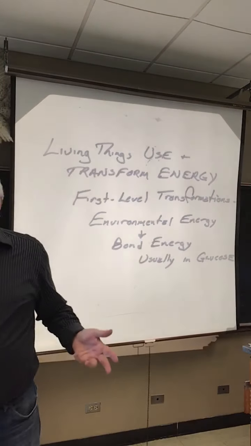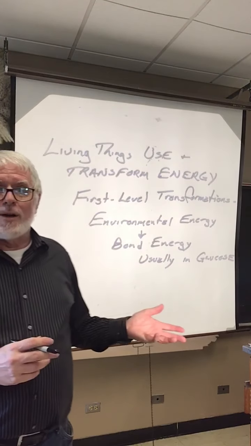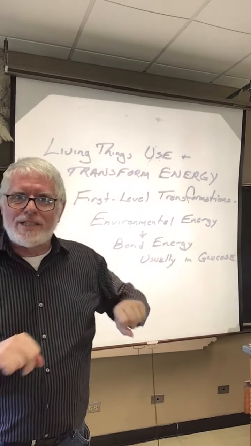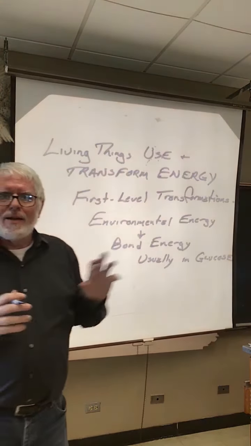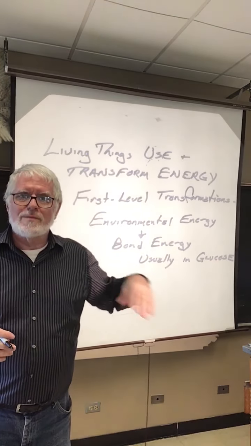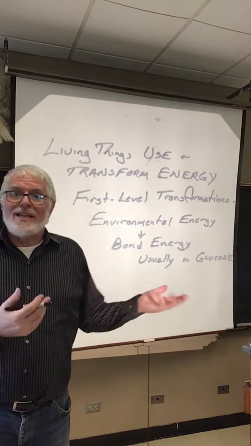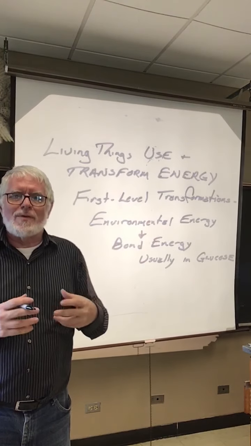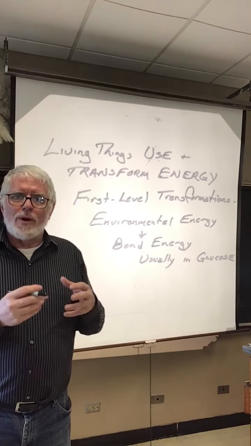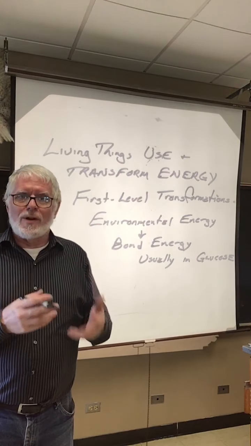Things that do first level transformations take energy from the environment and use it to stick carbon atoms together in molecules, usually a simple sugar called glucose. Six carbons stuck together that didn't used to be stuck together before energy came from the environment and was transformed into bond energy where it's stored and used for later.